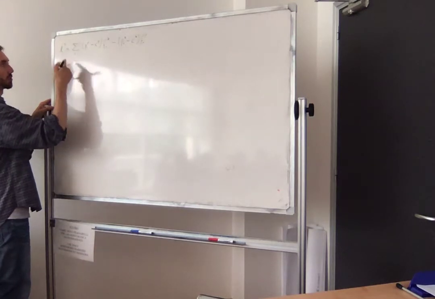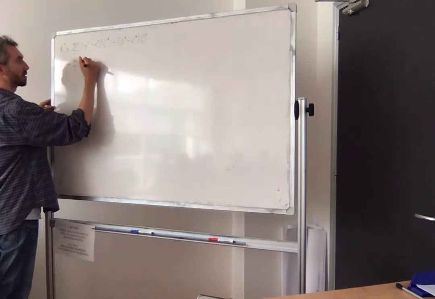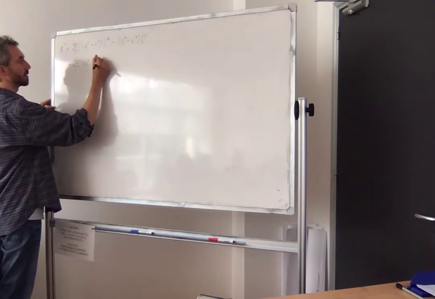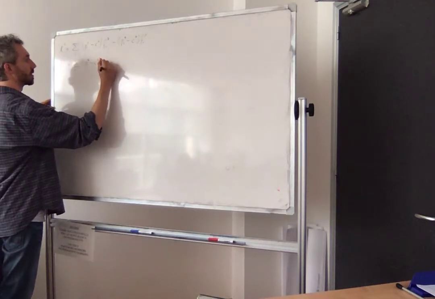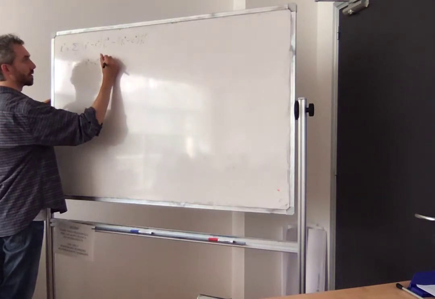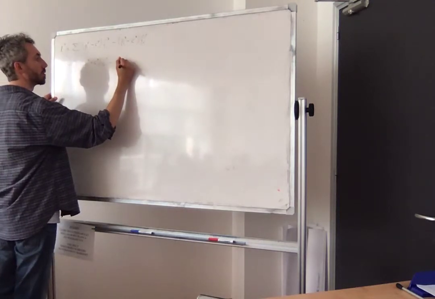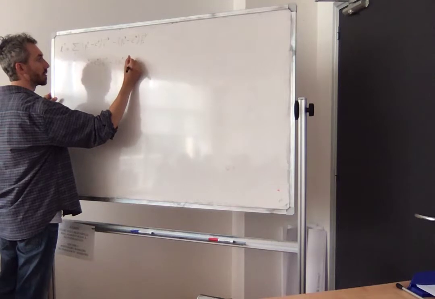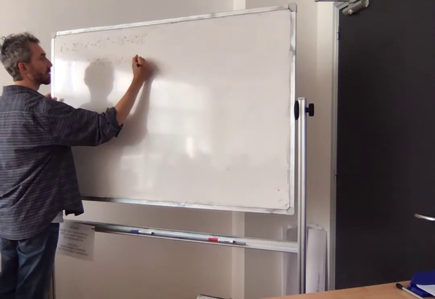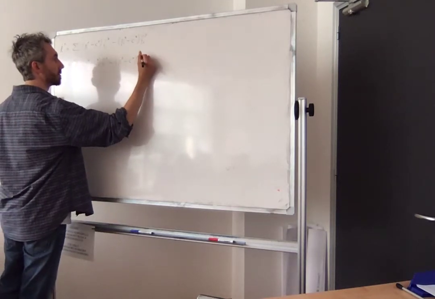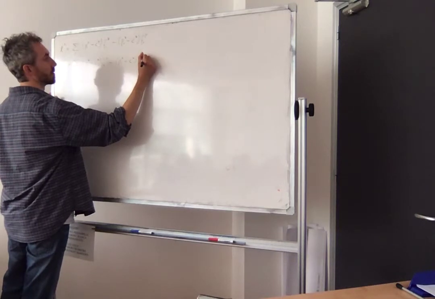I got L dot y is equal to the summation over i of (Piz minus Cz) Fix minus (Pix minus Cx) Fiz.